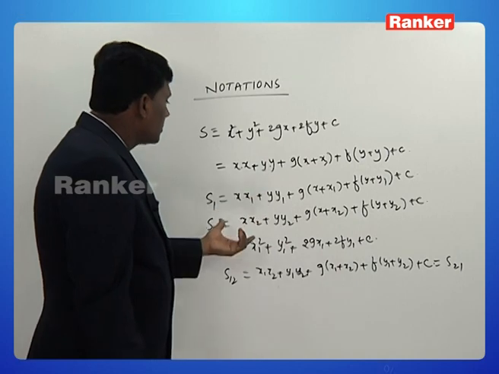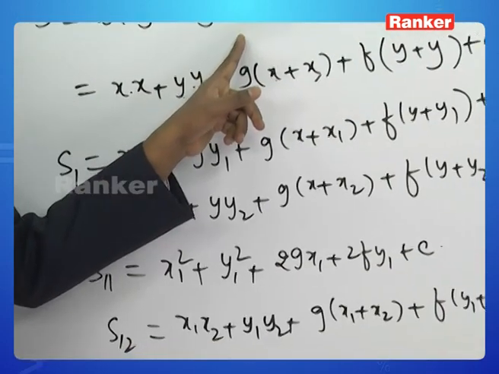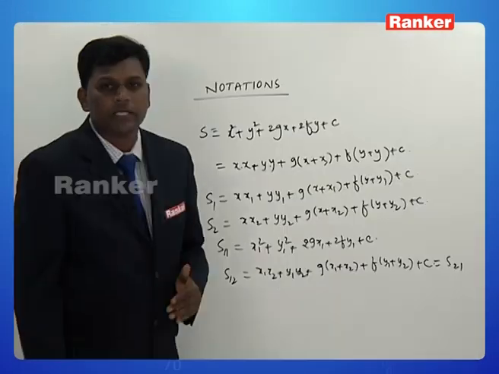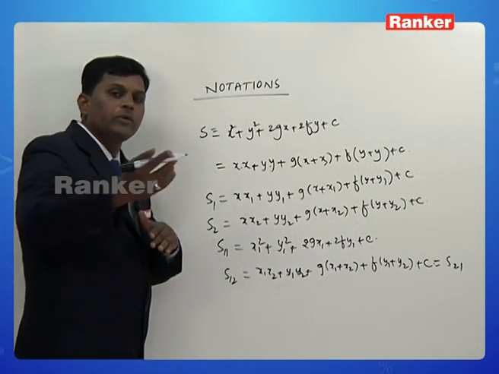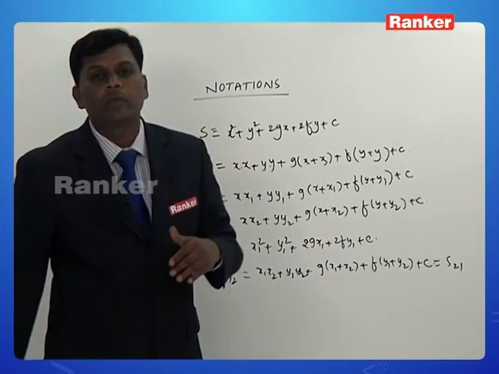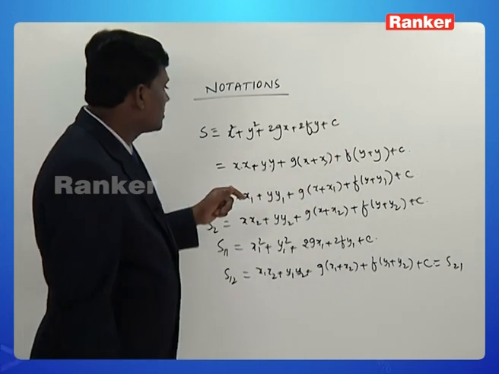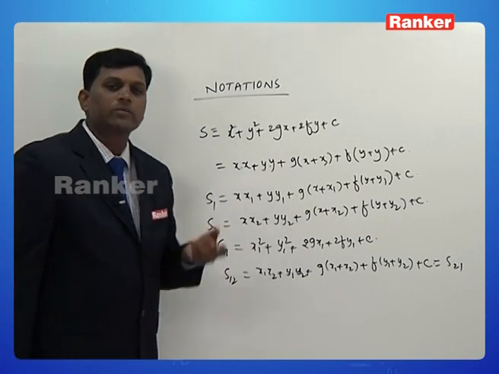Like this, we can write various notations in terms of S. We are going to get many of the results of the circle's standard form in these notational terms, and that will be carried forward to the coming chapters like parabola, ellipse, hyperbola and all those. While writing notations, we get a small confusion regarding the xy term.